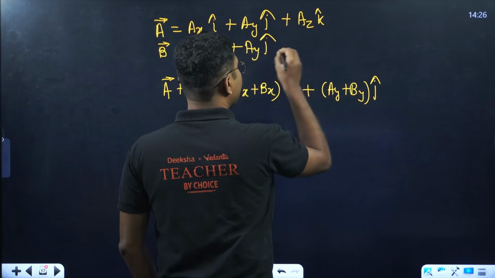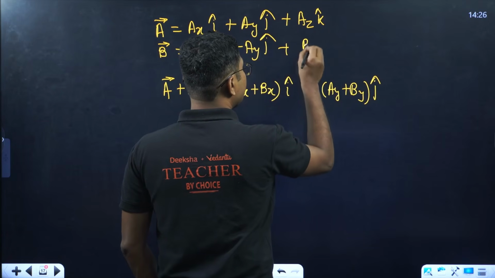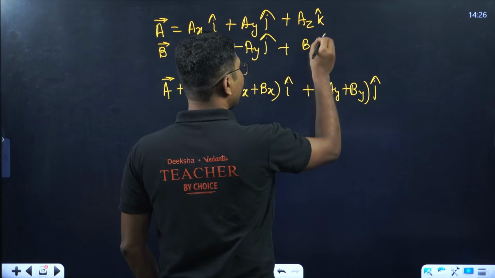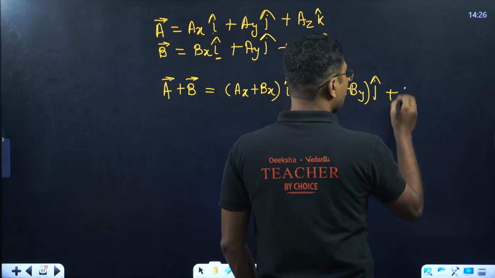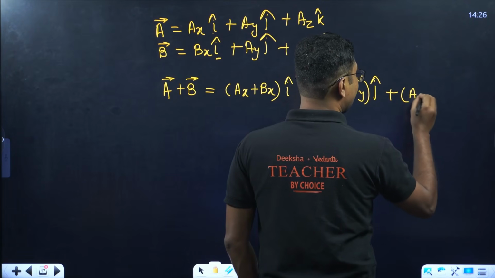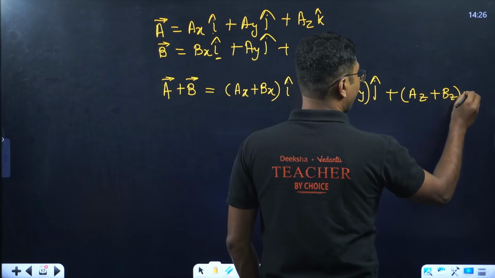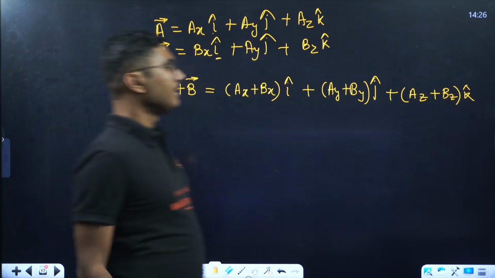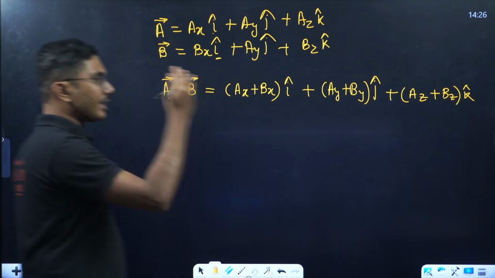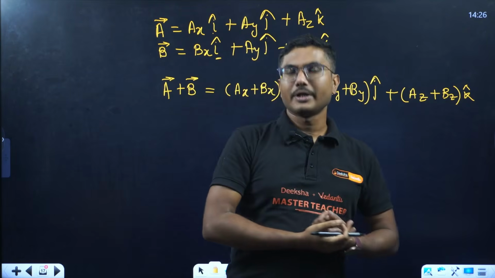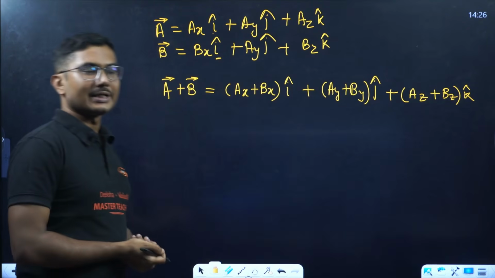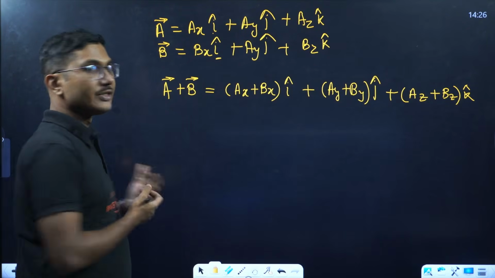So az k cap plus bz k cap, it is az plus bz k cap. So remember that whenever you are adding two vectors in xyz components, it is much easier than directly adding the vectors using the formula.